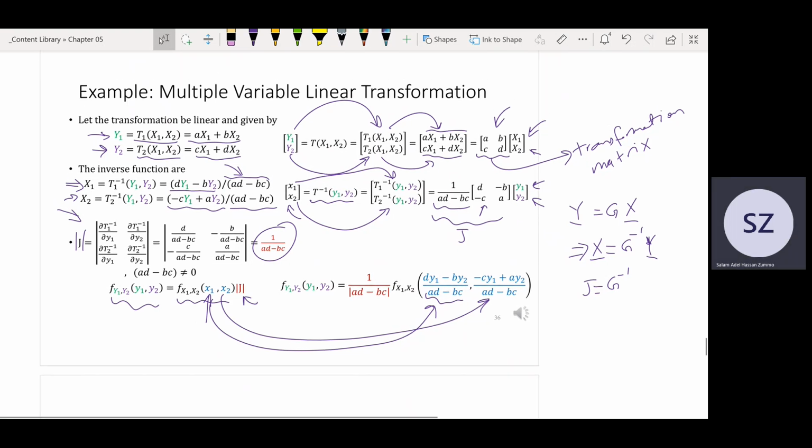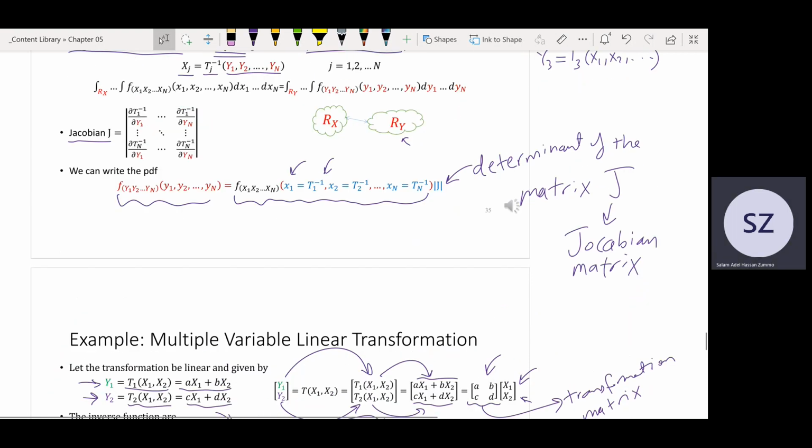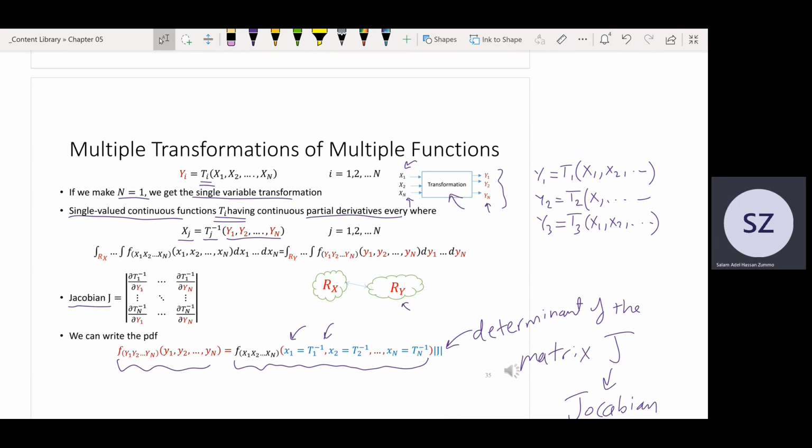You get certain signals, you process them, you get certain signals. So you need to know what this transformation will do to your random variables at the input, such that you know the distribution of the random variables at the output. So this is a common problem in electrical engineering, in many system-wise topics.